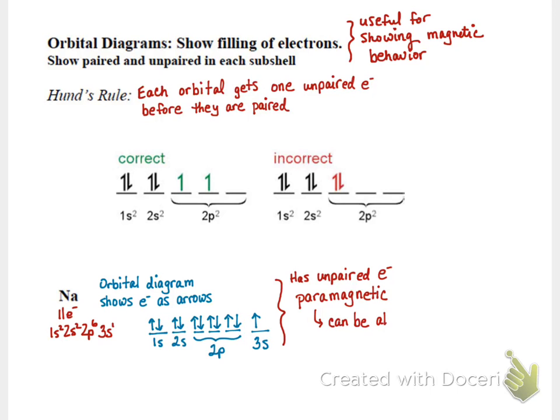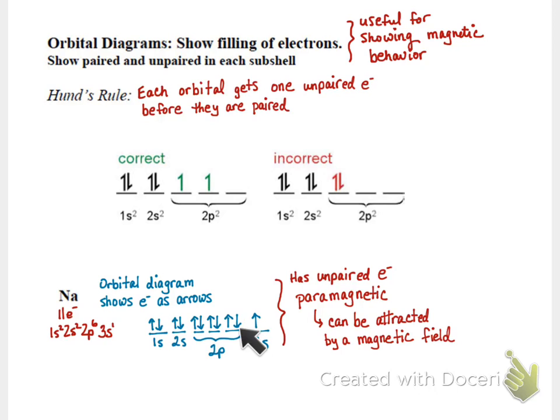So for sodium, instead of just writing 1s2, we write 1s, 1 line, 1 orbital, containing 2 electrons, and they have to be opposite spin. 2s has 2 electrons. The 2p has 3 orbitals, total of 6 electrons. It goes up, up, up, 1, 2, 3, down, down, down.